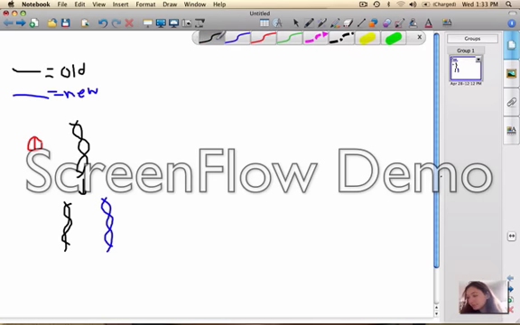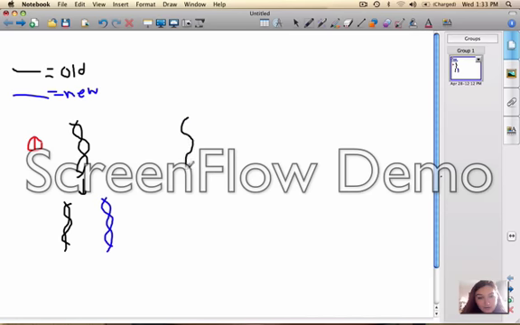Our second, dispersive replication, would occur with the parent strand mixing and matching with the daughter strand in a mismatched pattern.